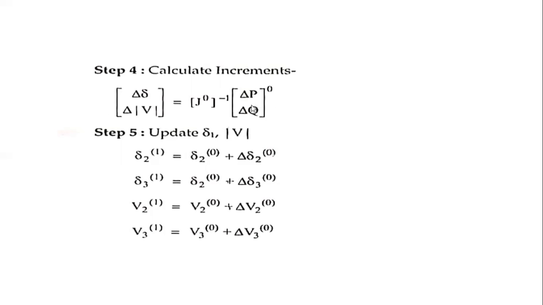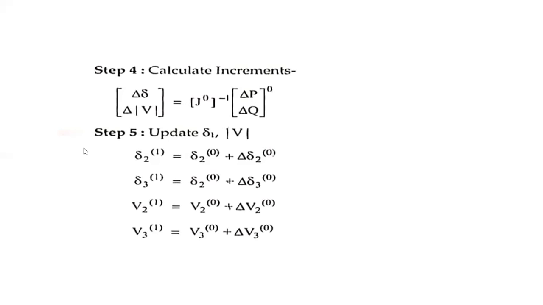But in this case, we are finding the delta and V values. That's why it will be taken as Jacobian matrix inverse into delta P delta Q power 0.